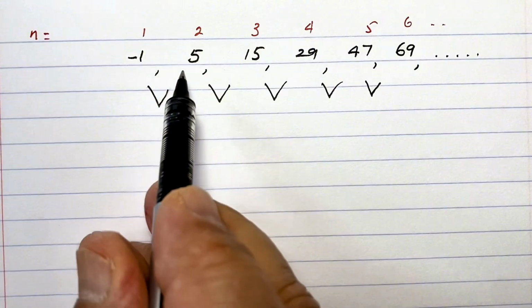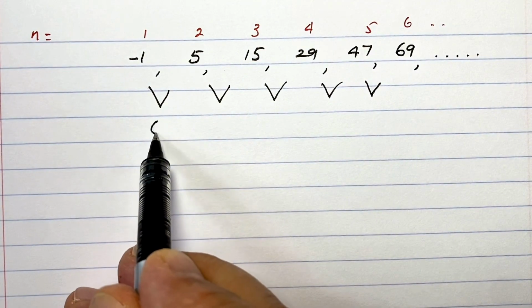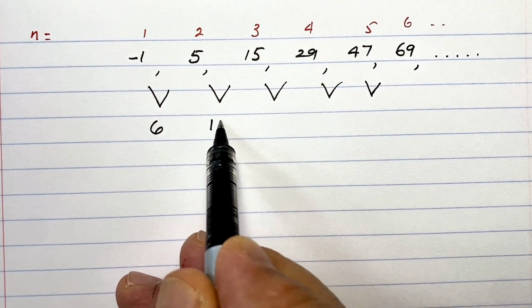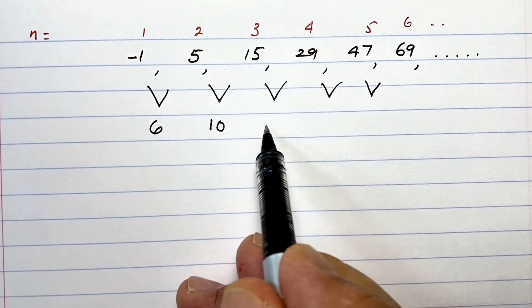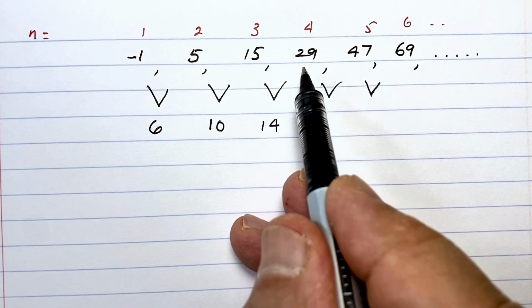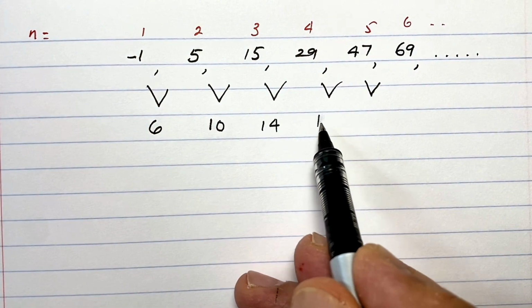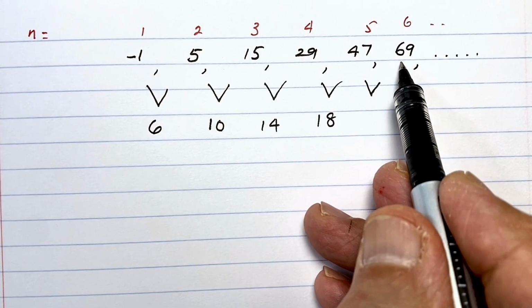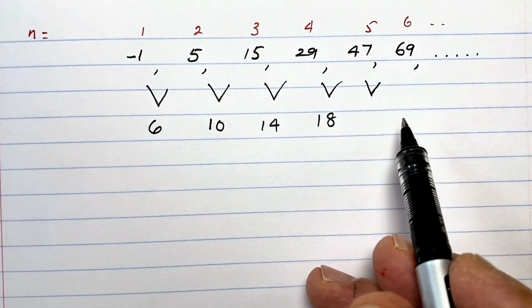That would be 5 take away minus 1, 14, 47 take away 29, and 69 take away 47.